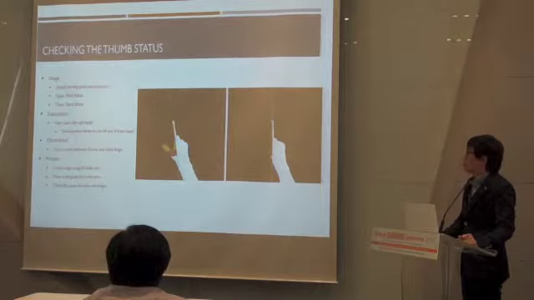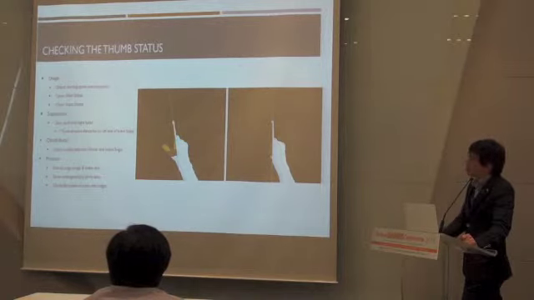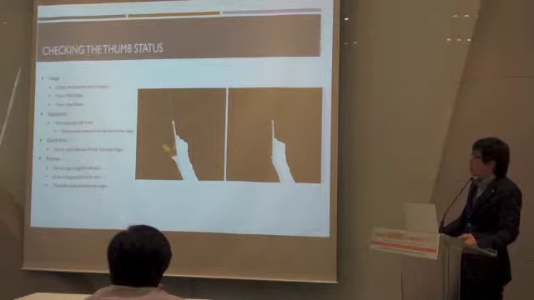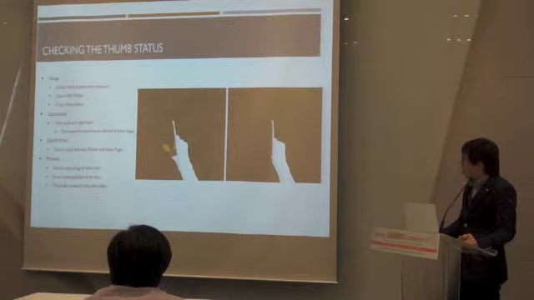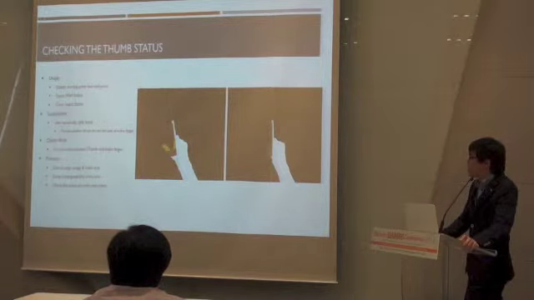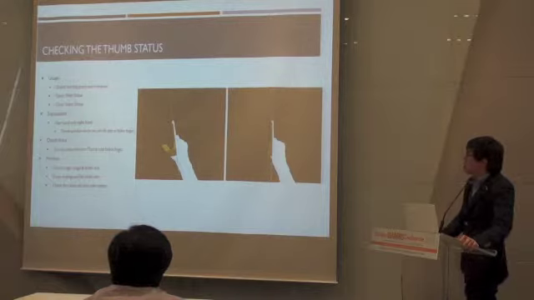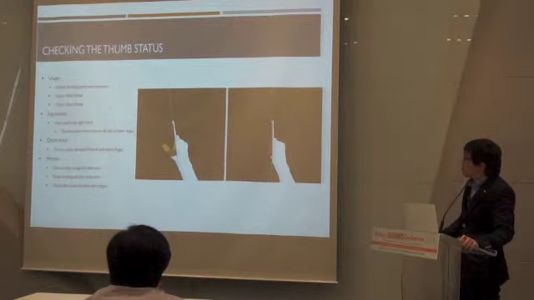After that, checking the thumb status, because I explained in the introduction, we have to check the start point and end point of the stroke. Opening is the waiting status and closing is the input status.